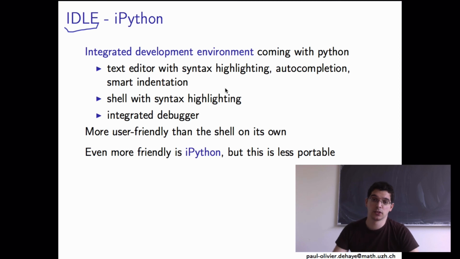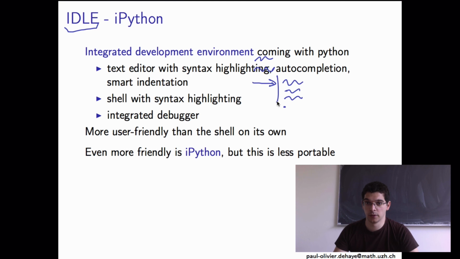Smart indentation means that if you are within a block, so you have started to write some code here, and then you've decided to start a block and you press return, then your cursor will not start here again like it would in Word or something, but it will start here.